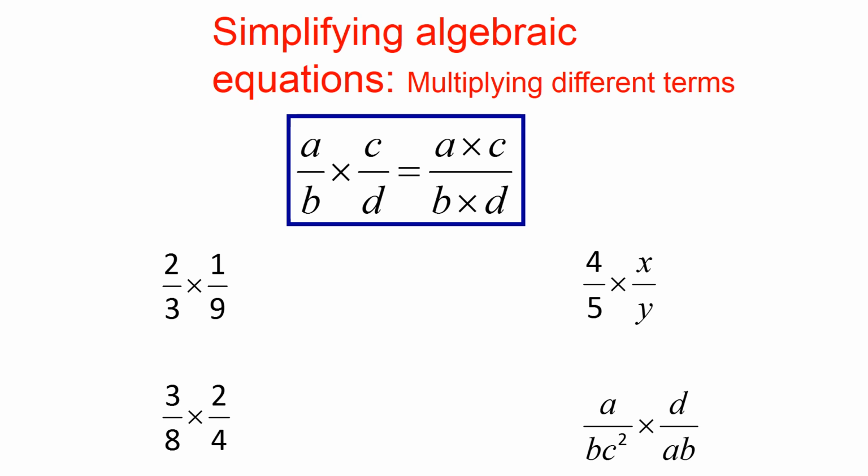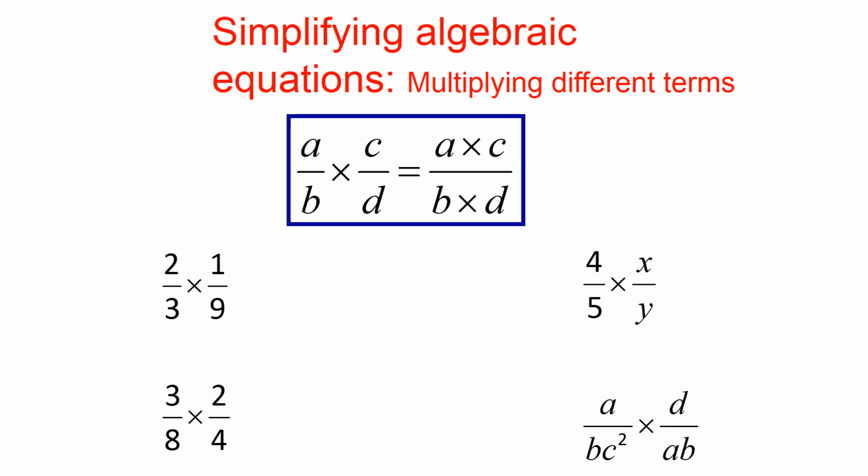So you see those two expressions at the top, they are the same. So this one, we've got 2/3 times a ninth. That's the same as 2 times 1 divided by 3 times 9, so that would be 2/27.